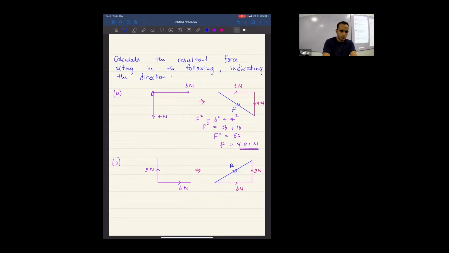So R square equals 6 square plus 3 square. 6 square is 36, 3 square is 9, so 36 plus 9 is 45. So R square is 45, which means R is equal to square root of 45. How much is that? 6.71 newtons. Is that clear?